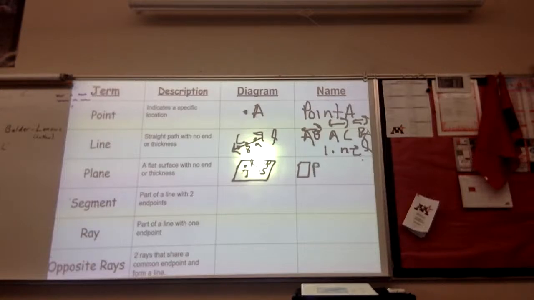So RTS. Or you can just switch the order for those letters as well. You can do STR, and so forth. There's so many options for that. As long as you include 3 points, you should be good to go. Questions on that?